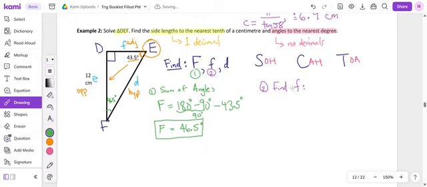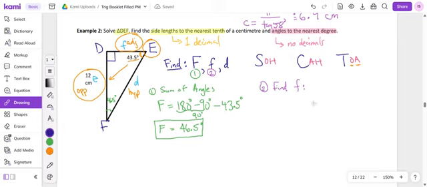Next, once we label the triangle, we're going to circle the information we know and the information we need. I've already circled this angle E. I also know the length of the opposite side. And I need to find the length of side F, which is the adjacent side. If I am focusing on the opposite and the adjacent side, which one out of SOH, CAH, and TOA uses the opposite and adjacent? TOA. Great.